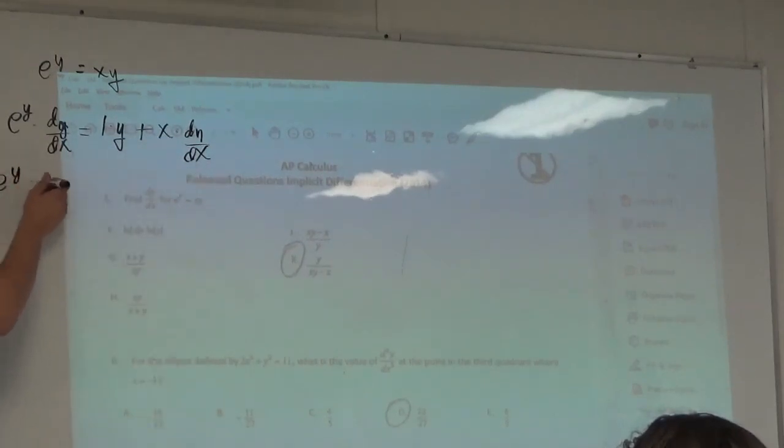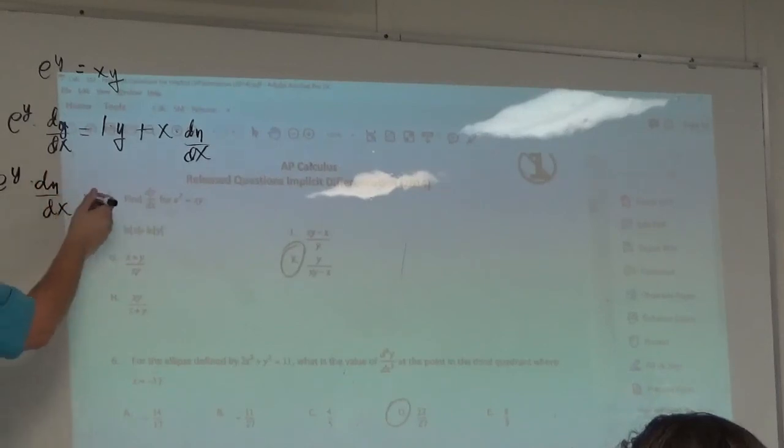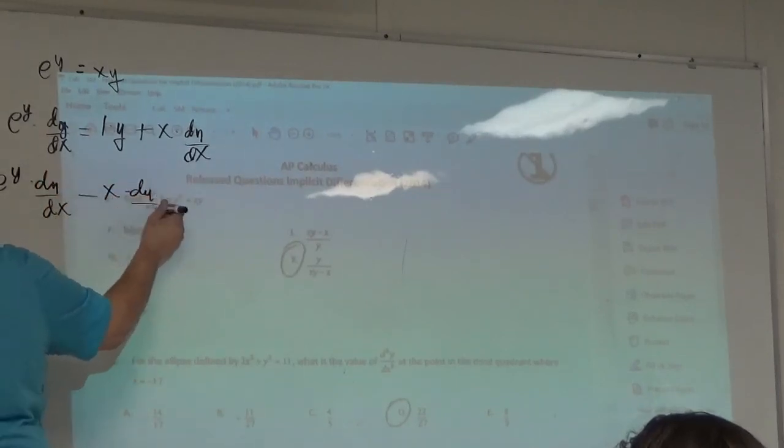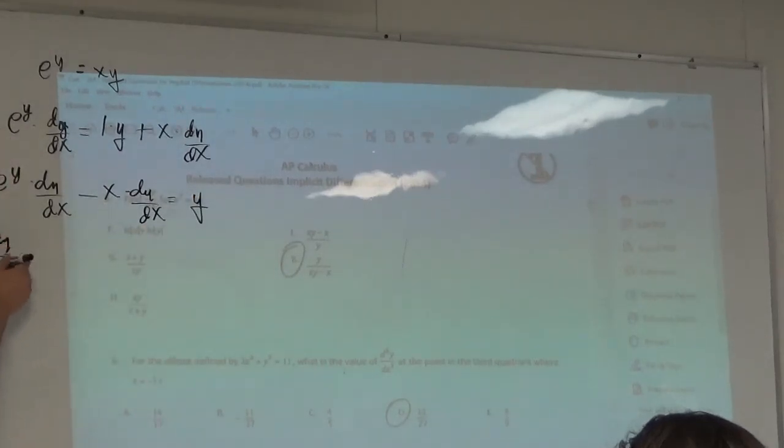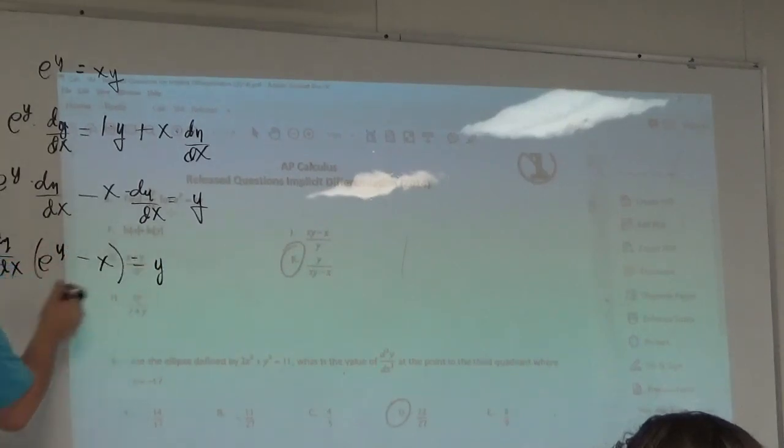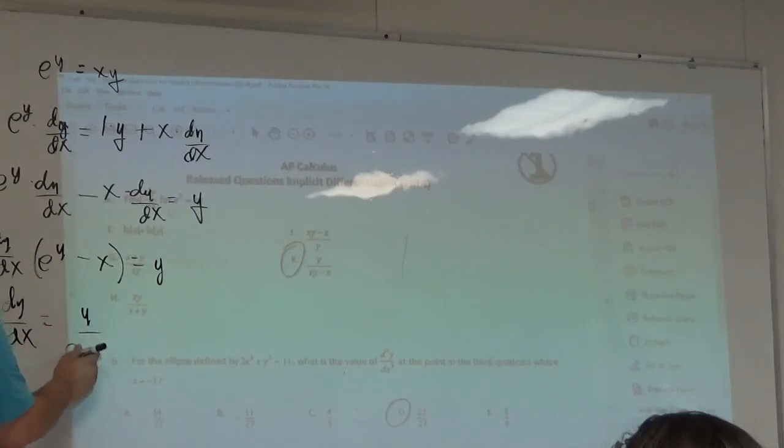So e to the y times dy/dx, minus x times dy/dx is equal to y. Okay, factor out the dy/dx, and then divide, and you get y divided by e to the y minus x.